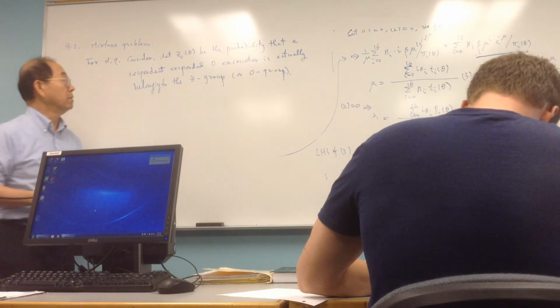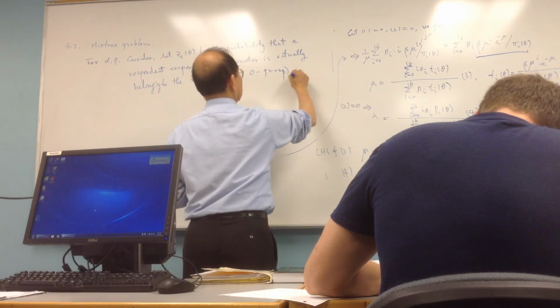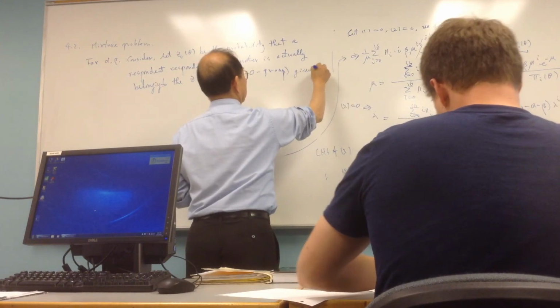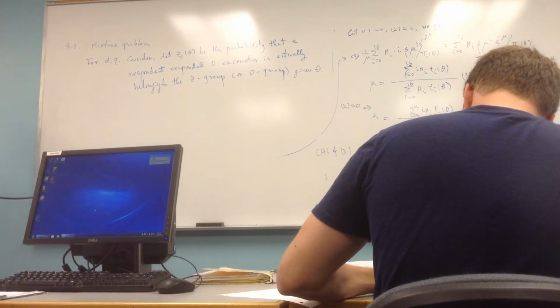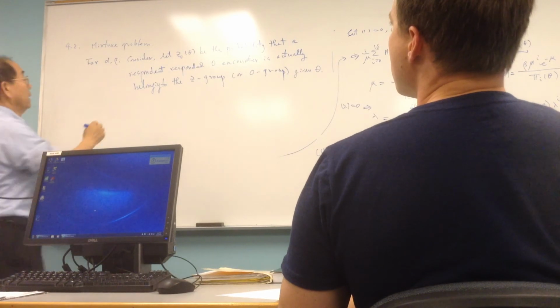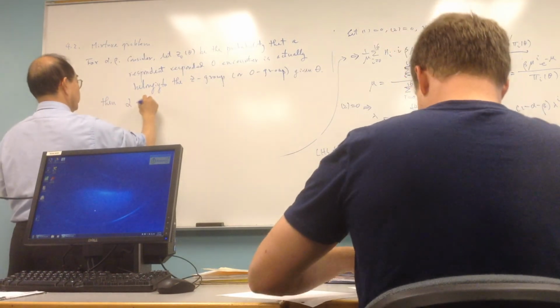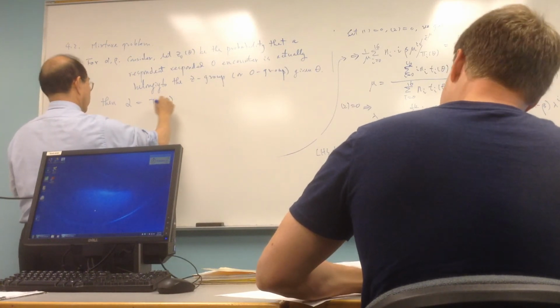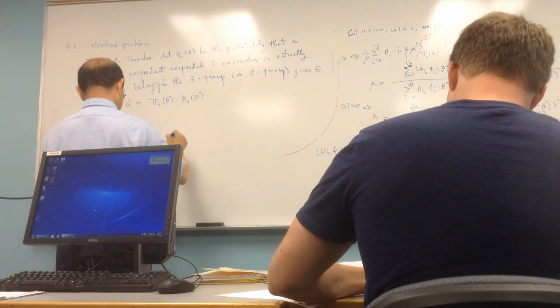Okay? So, given theta. In other words, under the particular theta, that's the probability. Now, if that's the case, then alpha will be the pi 0 theta times the Z0 theta.